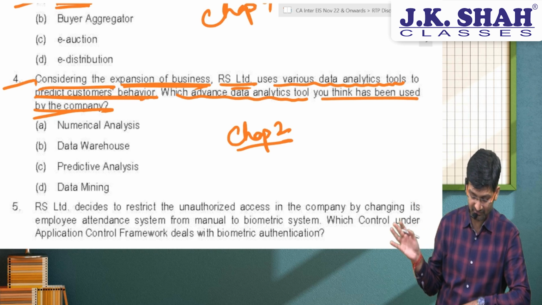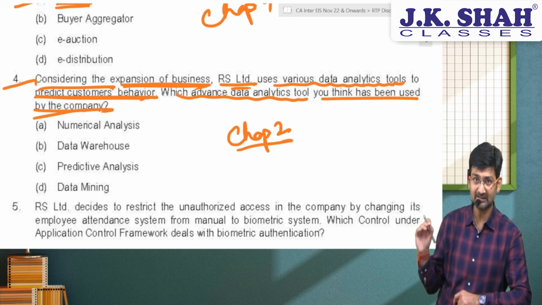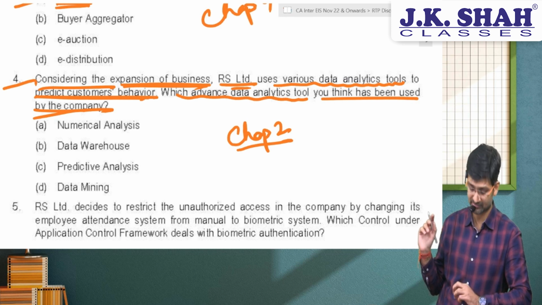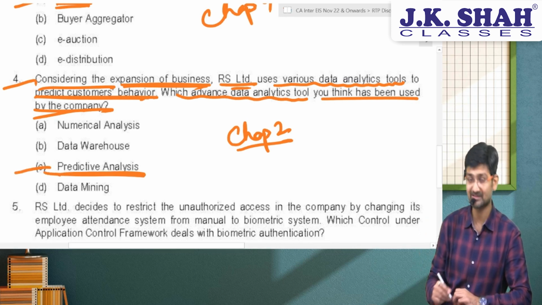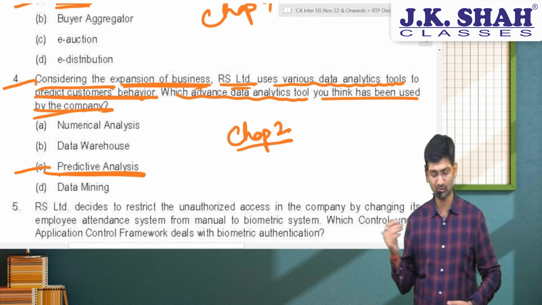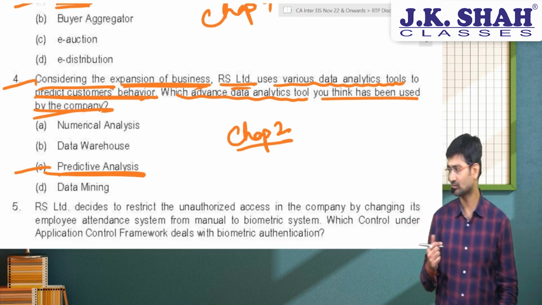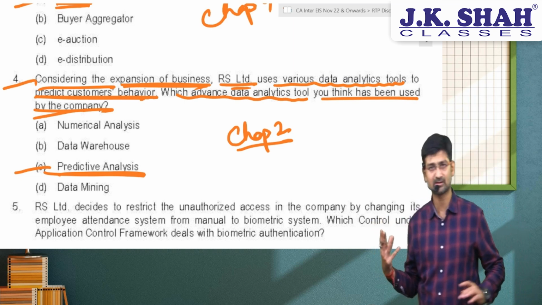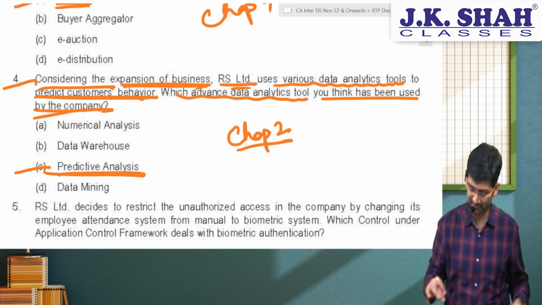Machine learning is not even given here. Data mining is here, but data mining is to extract hidden patterns. This was predictive analysis, where you predict behavior. Obviously, this was not numerical analysis or data warehouse at all. It was between C and D, but it had to be predictive analysis, where you were predicting customer behavior based upon analysis of the past data.